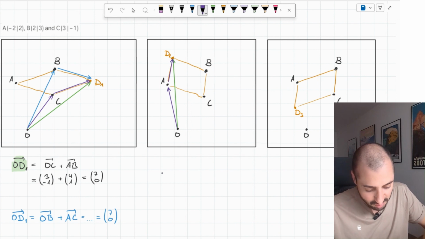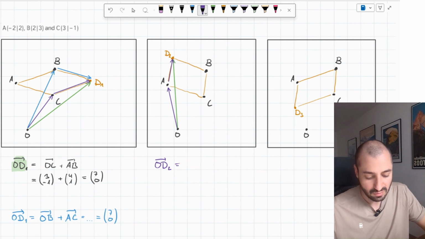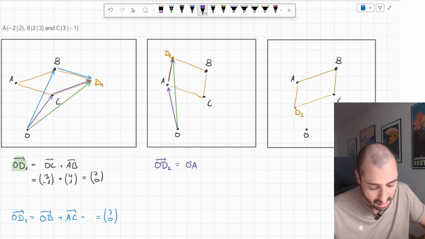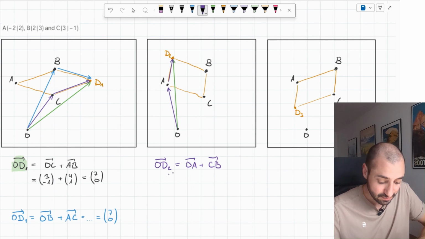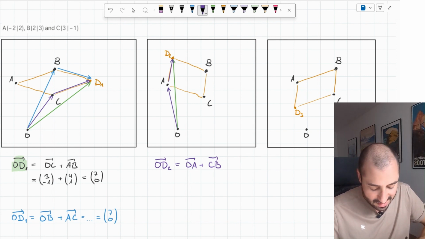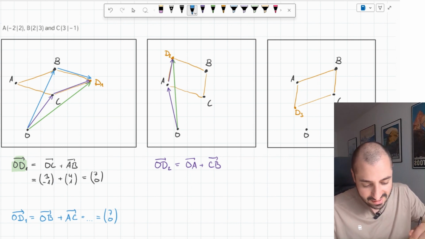So that would be OD2, let's do it up here, OD2 is equal to the first one, OA, plus this one, and that's the same vector as CB, which we can figure out using our coordinates here. So we are not going to do this. You can actually do this on your own as a little exercise.